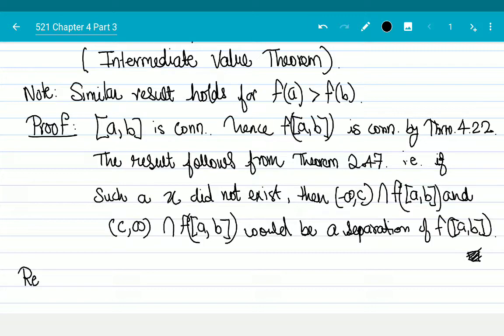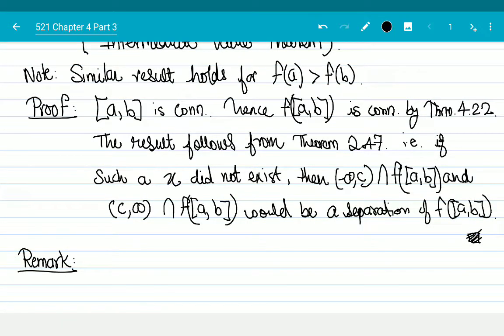Remark. At first glance, it might appear that the converse should hold true.